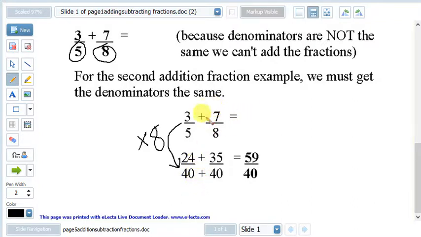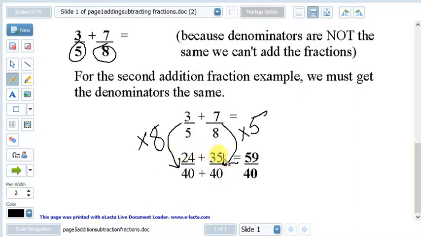Next, we times the second fraction by the denominator of the first fraction, which is 5. So 7 times 5 is 35, and 8 times 5 is 40.